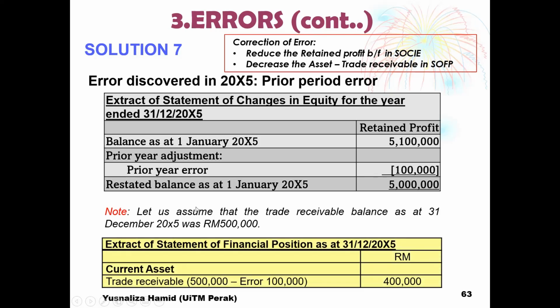If that is the case, there will also be an impact on the asset, trade receivable, that has been overstated, which now needs to be restated or reduced by the error that caused the trade receivable not to be adjusted. So minus 100,000, which is the prior year error. The trade receivable will now be 400,000.